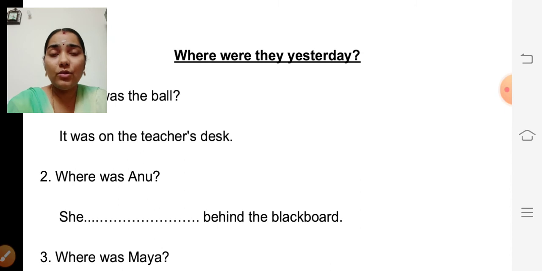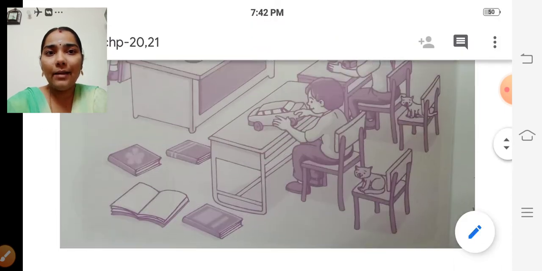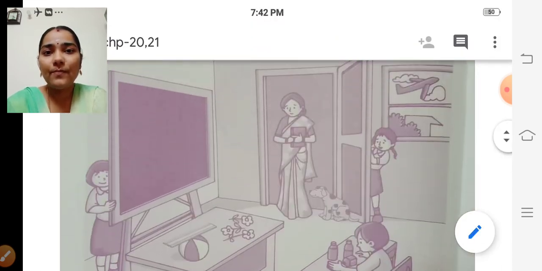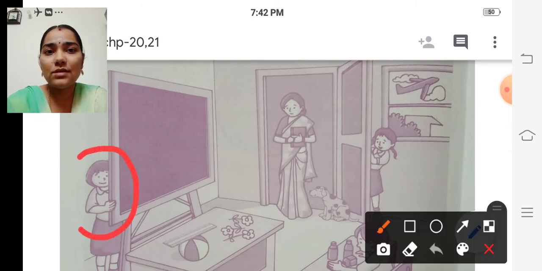Next one is, where was Anu? In the picture, we have seen two girls and two boys, isn't it? Anu is the name of one girl. See the answer, she dash behind the blackboard. She was Anu, this girl.